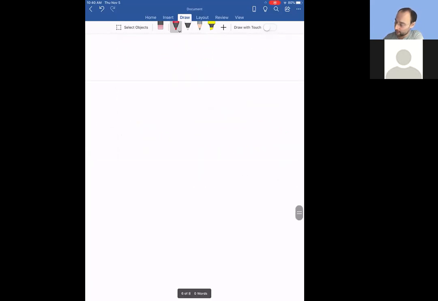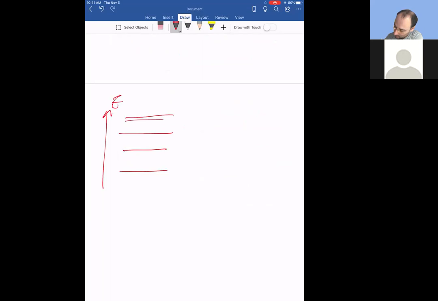So in practice, what you have, now this is just the energy axis, I'm not going to draw the distance, is you have these two bands. This is called the valence band, and this is called the conduction band.